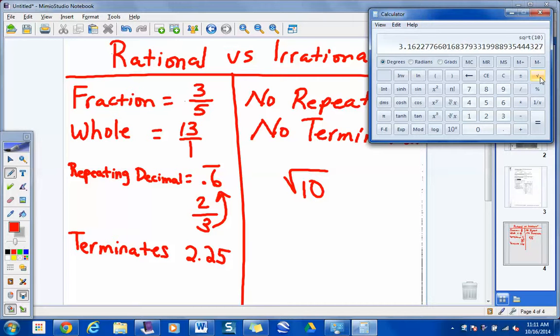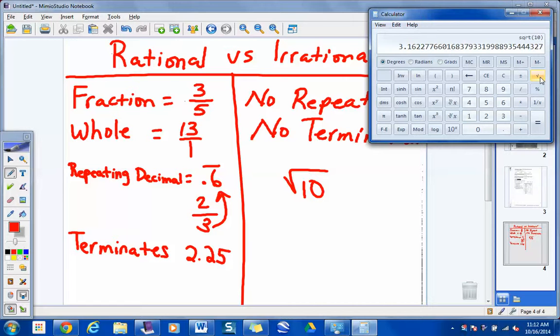I see some 2s repeat, but does the pattern go on forever, or is it just random numbers here? Random. Is there any repeating? No. There's two 3s, but is that going on through the whole part? See what I'm saying? What are you going to say about the square root of 10? It is what? Irrational.